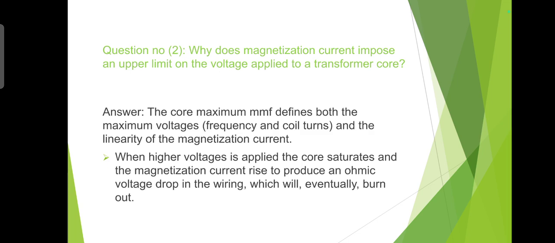When higher voltage is applied, the core saturates and the magnetization current rises to produce an ohmic voltage drop in the winding, which will eventually burn it out.